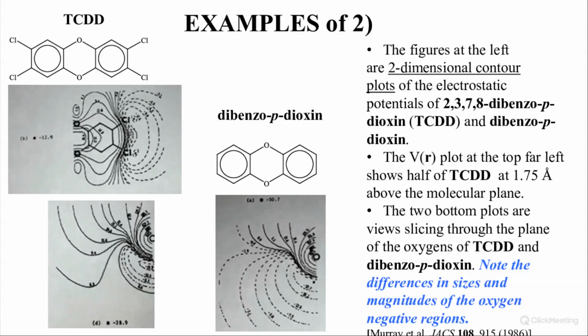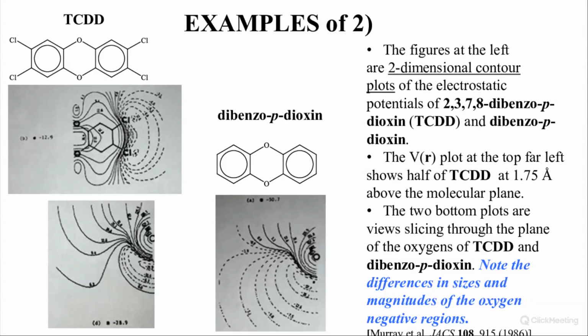And what we see is that the aromatic regions, above the aromatic ring, 1.75 angstroms above the plane here in this first top left contour plot, have no pi region, no negative region. The dashed lines are negative, but the chlorines are negative.